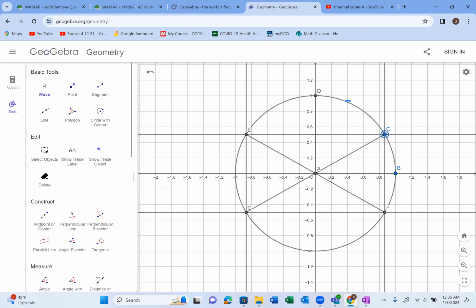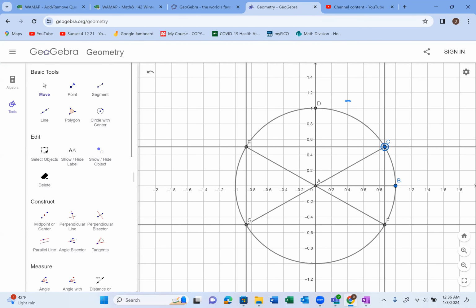So that's a 30-degree angle in there. That this angle of 30 degrees, the y-coordinate here is going to be 1/2, 30 degrees or pi over 6.